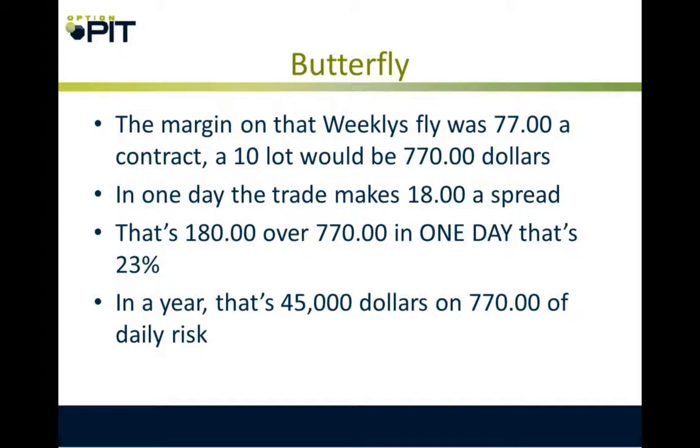On 18 bucks, the 4-lot in and out, the most that should cost you is like 48 bucks. If that costs you more than $48, then you are paying too much. All right, and that's on a 10-lot.